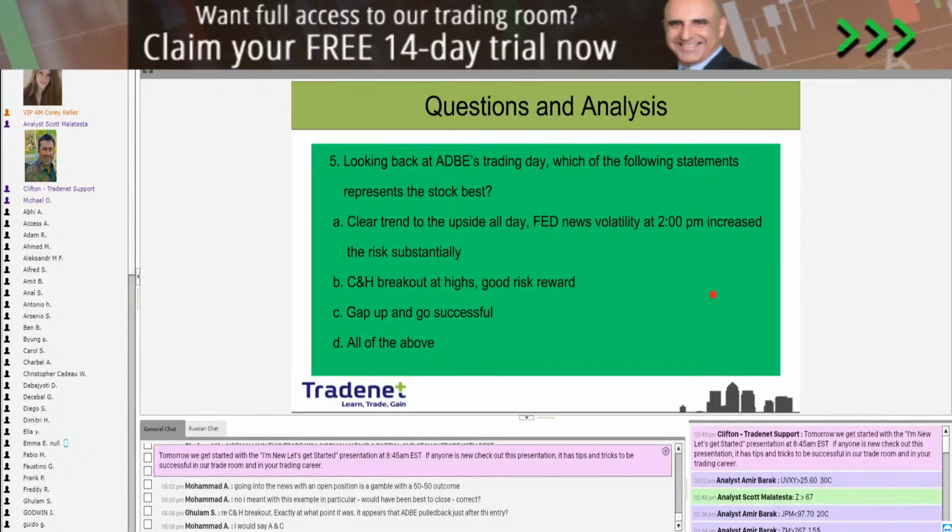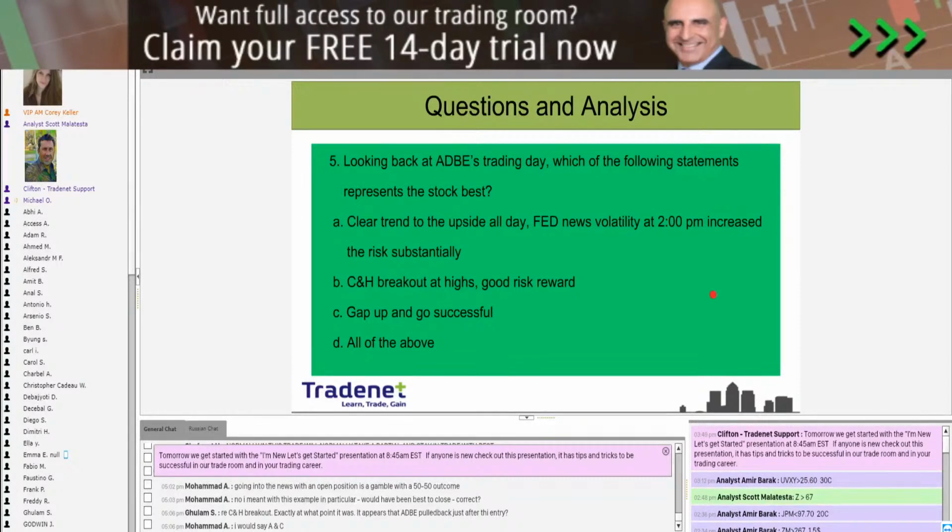Yeah, but you have also the cup and handle breakout at highs. Maybe it wasn't a big success, but the issue here was a good risk reward, not a big success. And again, what is good risk reward? Keep in mind this is a $280 or $290 stock.